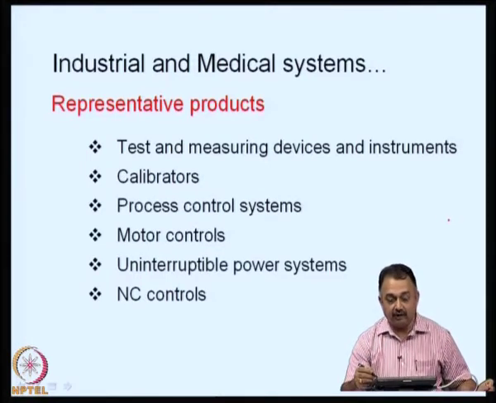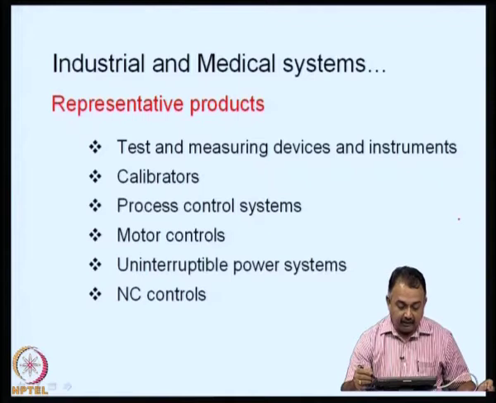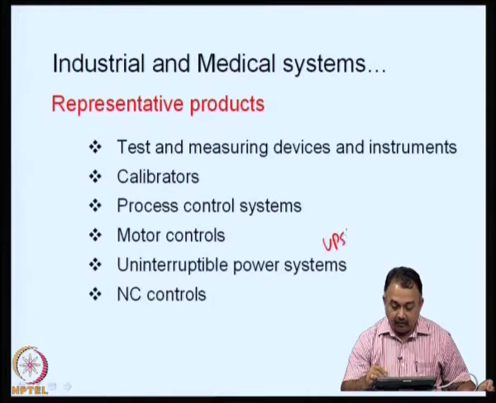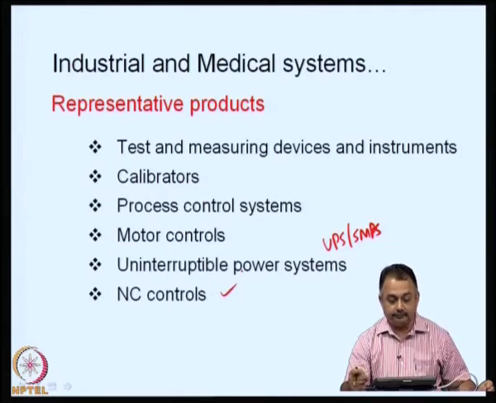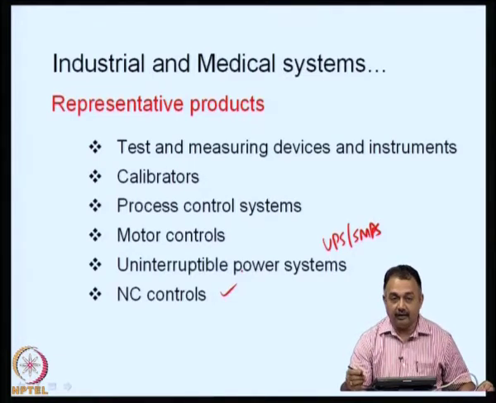These systems can be very large: calibrators, process control systems, motor controls, UPS or SMPS systems, and NC controls, numerically controlled equipment, for example an NC drilling machine, and various numerically controlled mechanical systems.